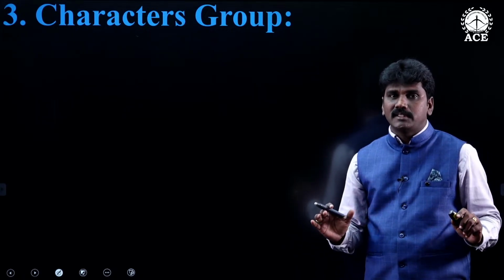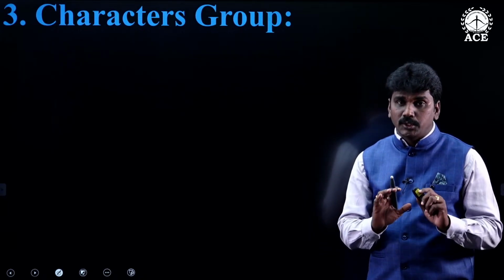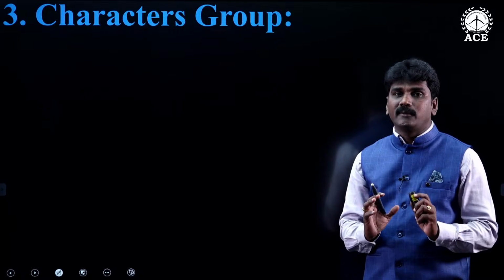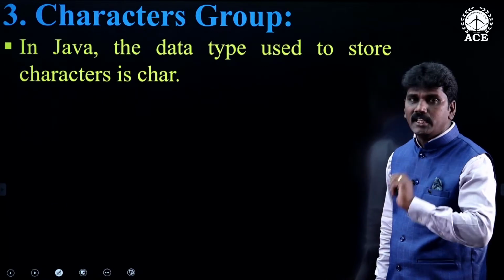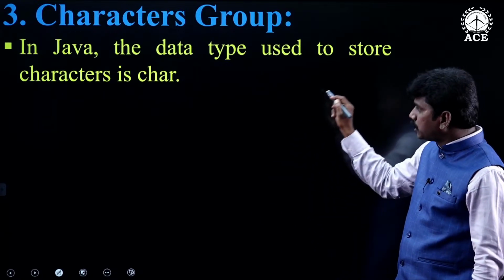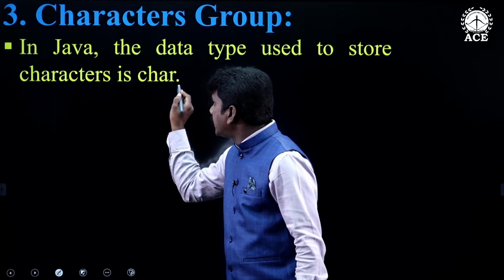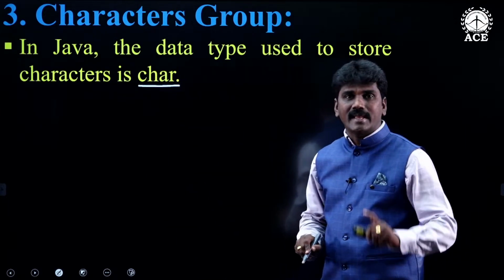Whatever human languages we have, whatever characters we use, all those are included in Java. That's why it is very special. In Java, the data type used to store characters is the char data type, so this is the keyword we have to use: char.